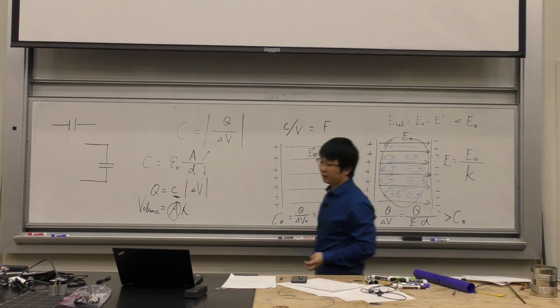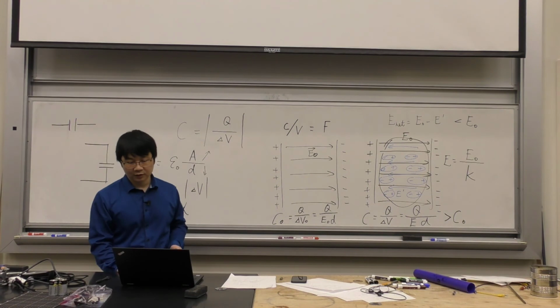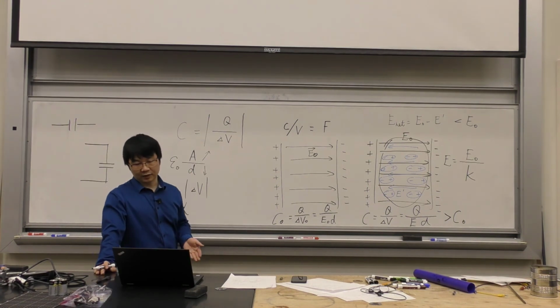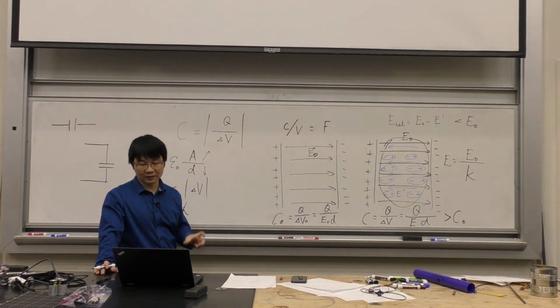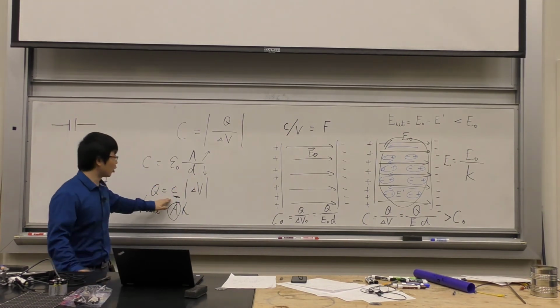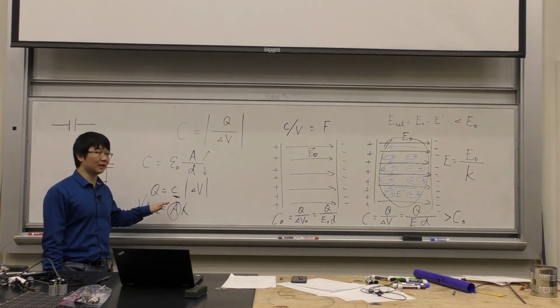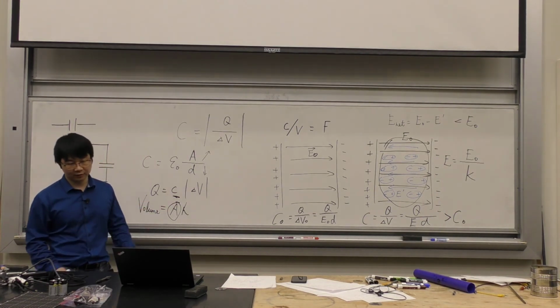This guy becomes smaller, it's going to make the whole value bigger, okay? So that is why by putting insulators, dielectrics are just a fancy name for insulator, by putting insulators between these two parallel plates, you actually make the C larger if this is a capacitor.